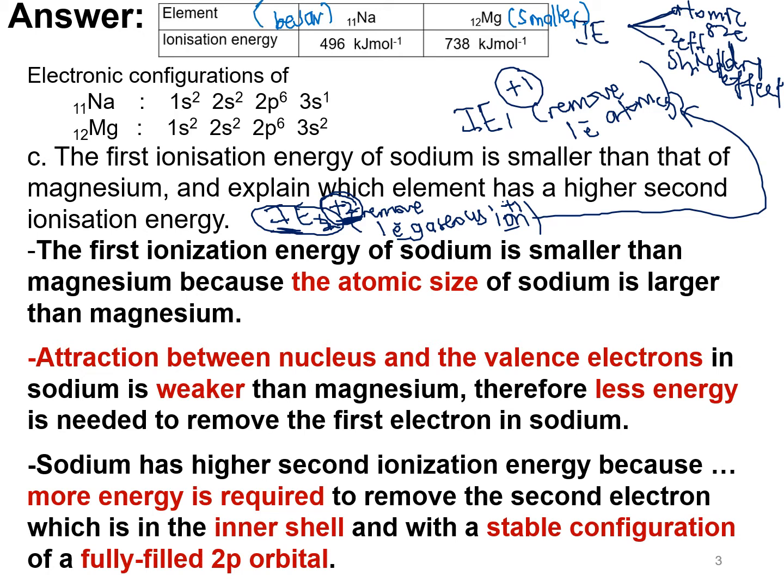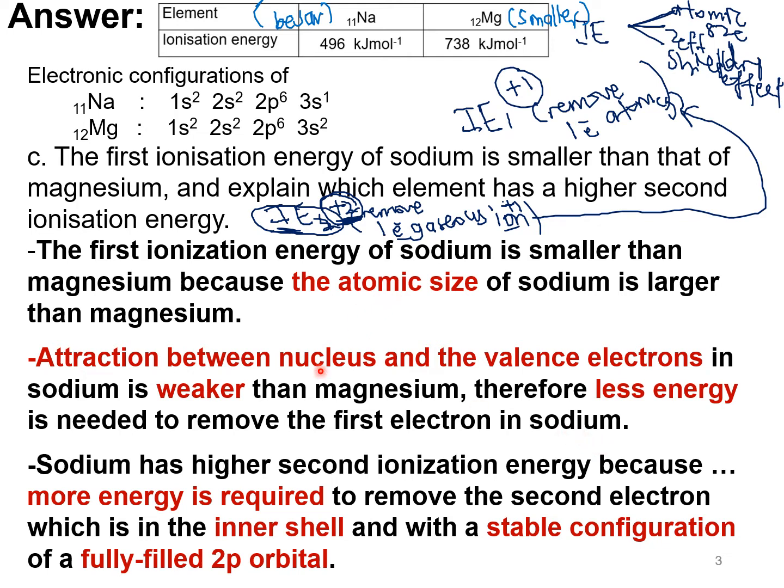So sebab the atomic size of Na is larger than magnesium, that's why the first ionization energy of sodium is smaller than magnesium. Okay. The attraction between nucleus and the valence electron in sodium pun weaker than magnesium. Sebab itulah, you akan perlukan sikit saja energy untuk remove the first electron in sodium.